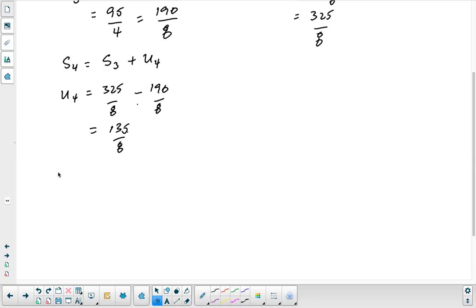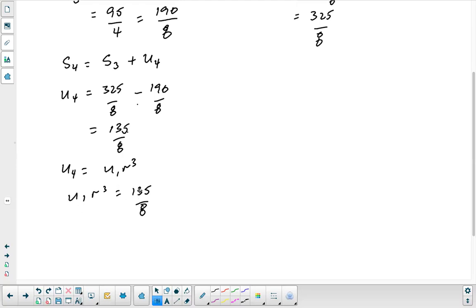because U4 is equal to U1 times R cubed. So U1 times R cubed is equal to 135 over 8. Now, what I figured here is, is there some simple cube number which I can substitute in here, which would give me a nice straightforward answer for U1?